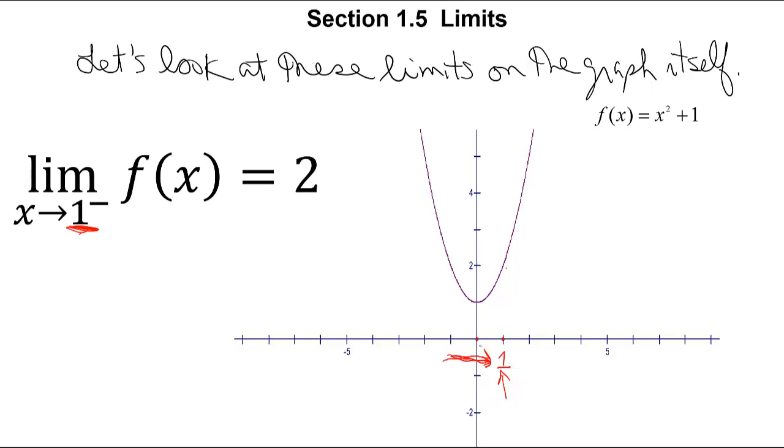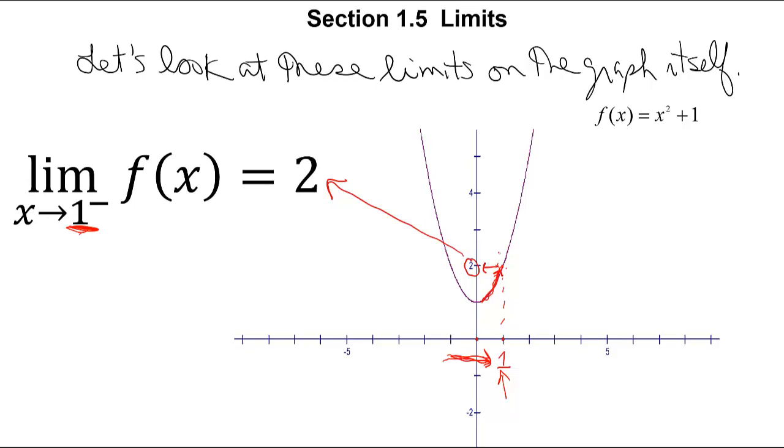Well, what happens on the curve itself? As I get closer and closer to 1, if you think of a point moving along the curve, it's getting closer and closer to right along in there, which if you think about it, is about 2.